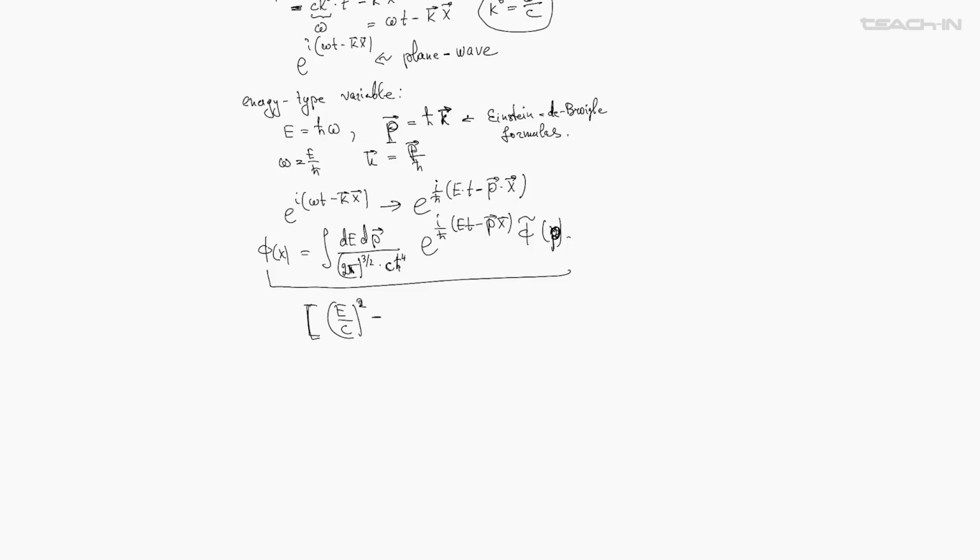Minus p vector squared minus m squared c squared, acting on phi tilde of p, is equal to 0.